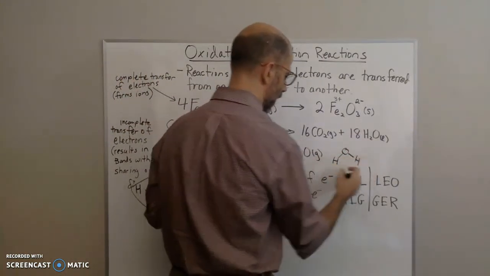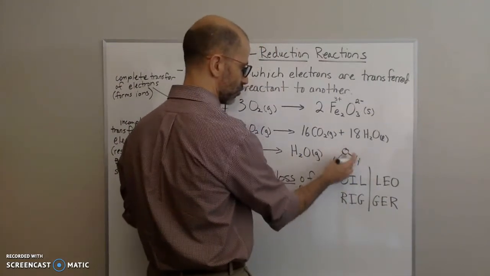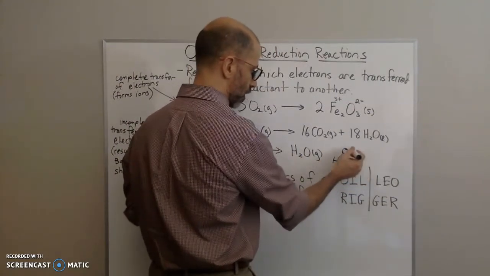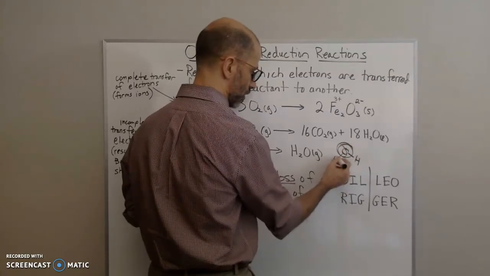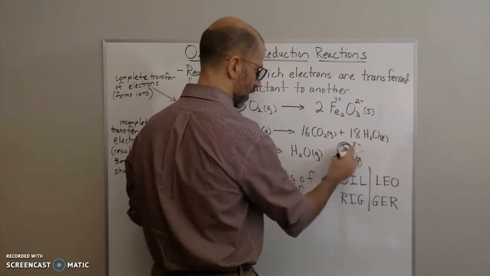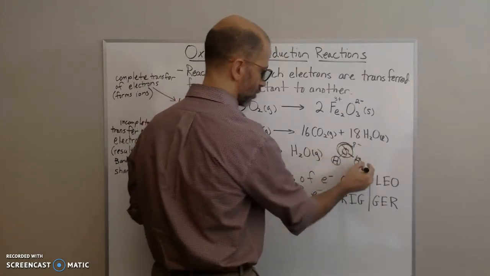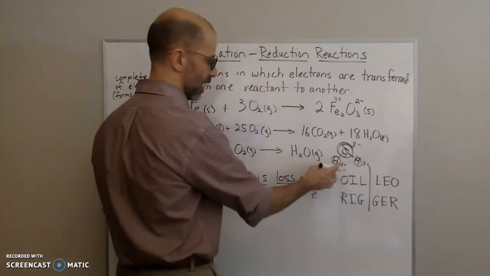hydrogen oxygen bonds, and in this case the oxygen is going to have the electrons more, so the electrons are going to be around the oxygen more than the hydrogens, and so this is going to give the oxygen a partial negative charge, and you're going to get partial positive charges on the hydrogens.